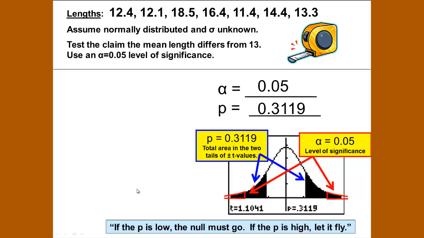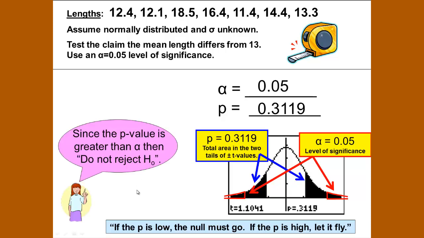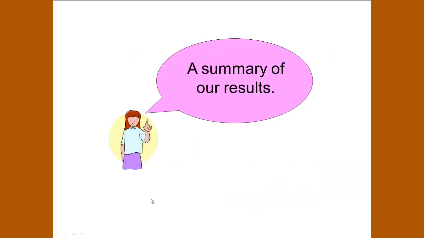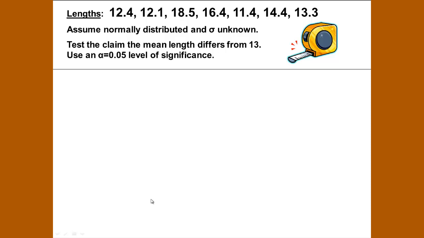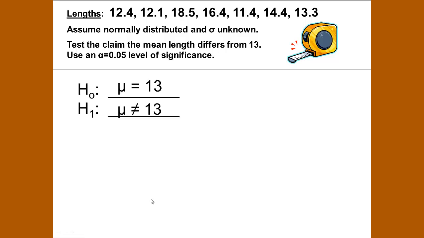And in this case, our p is high. Since the p-value is greater than the alpha, it's an ordinary value. And by being ordinary, we do not reject.